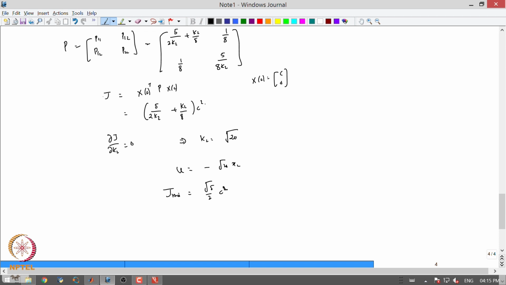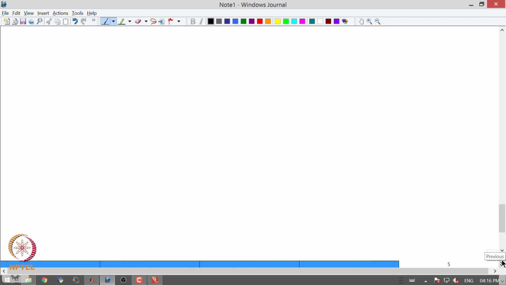So these are some straightforward steps of how to compute the optimal control law given a certain problem.